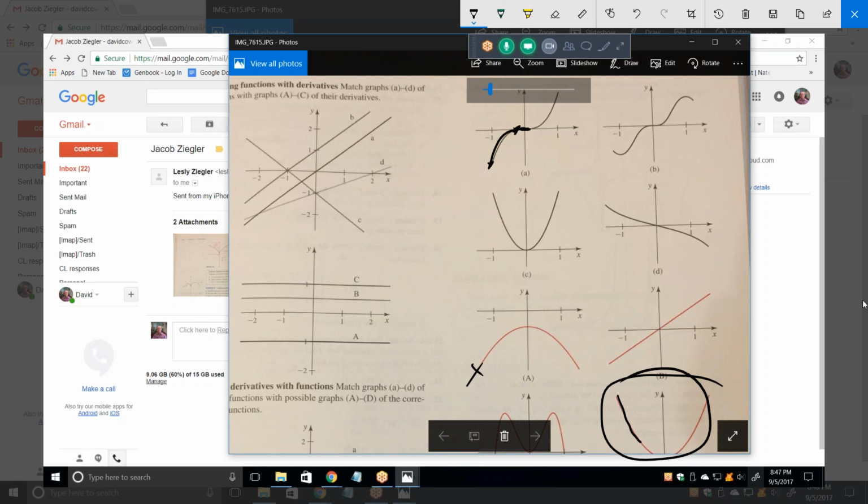The derivative hits 0. Then when the original function starts increasing again, we get positive again. Again, do not concern yourself with whether that's increasing or decreasing. It's just whether it's positive or negative. And it's positive everywhere except 0. Right there is the only place it's not positive. Because right there, it's 0.